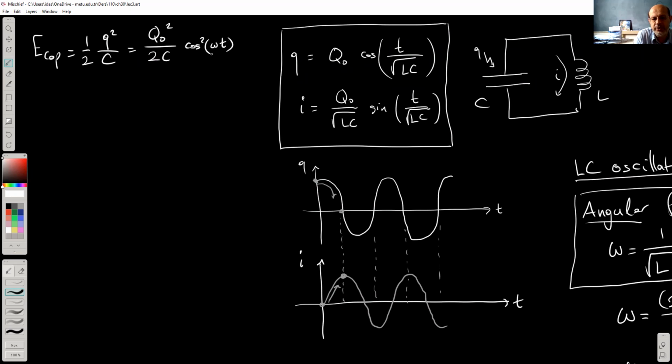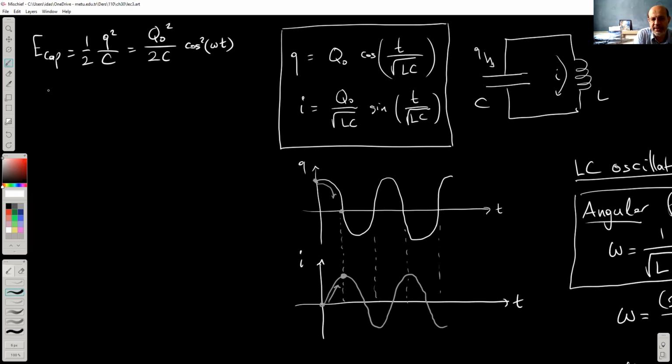I don't want to make this complicated. So the energy of the capacitor is also changing periodically, but it's changing between 0 and this maximum value here. Let's talk about this in a moment.